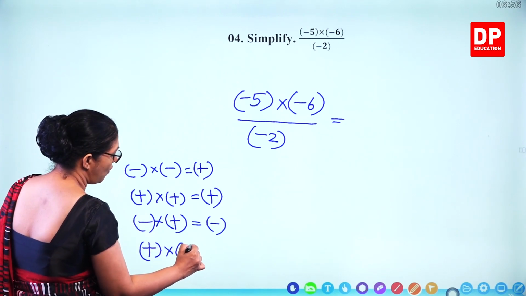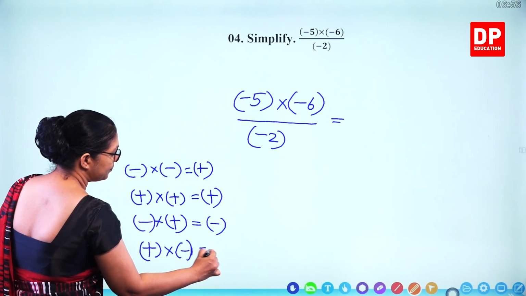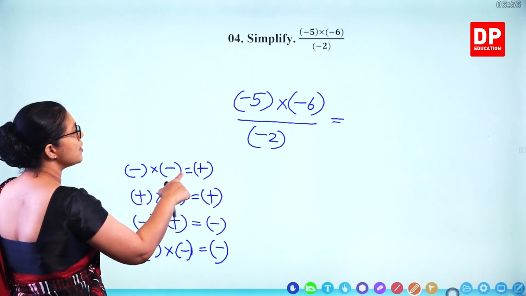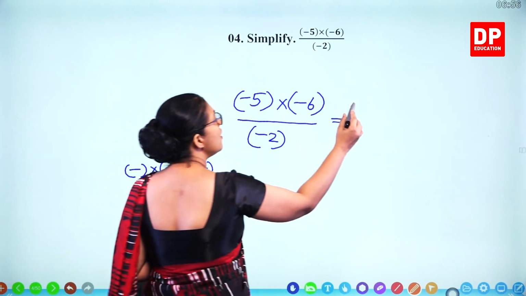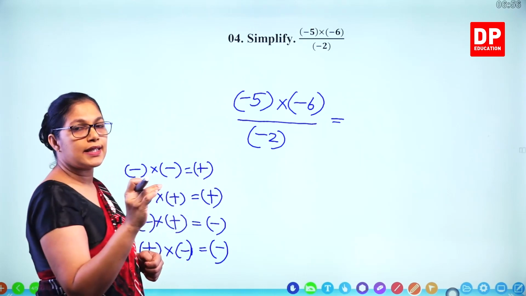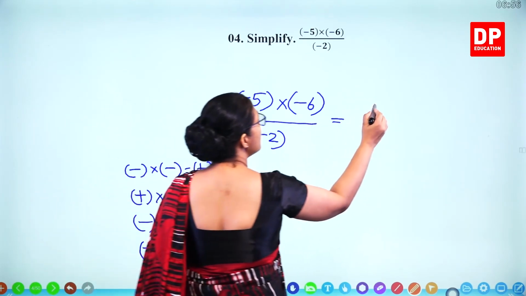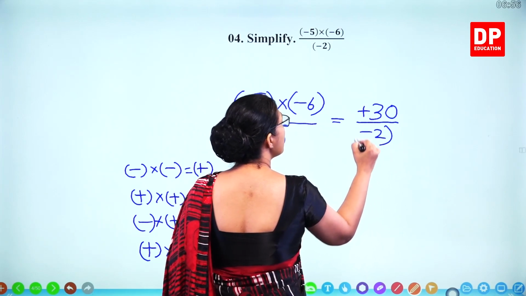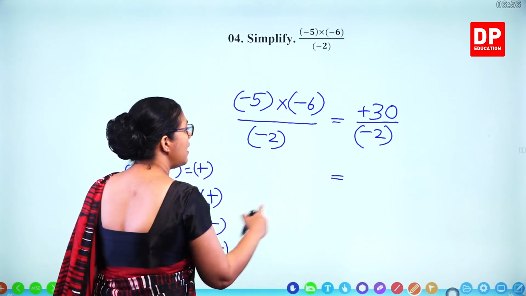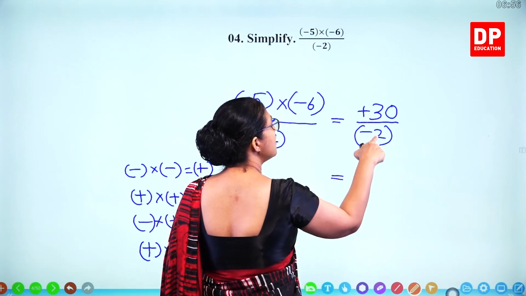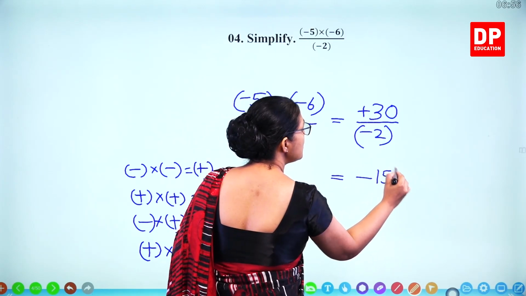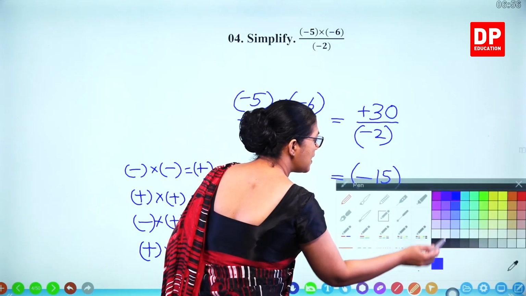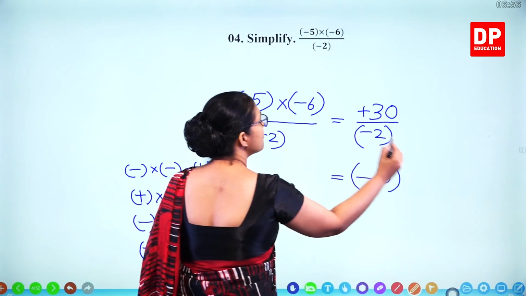Plus times negative is also the same. So we are using same sign multiplication in the numerator. 6 times 5, 30, that's plus. Now division, different signs, you get a negative answer. So 30 divided by 2, 15. So negative 15 is the answer. 2 marks.